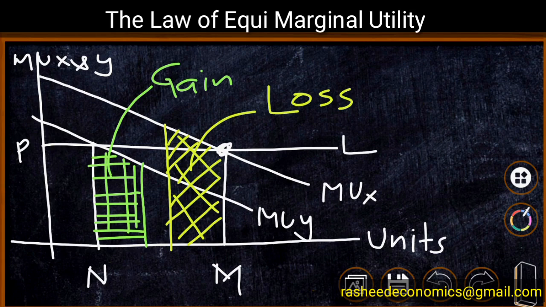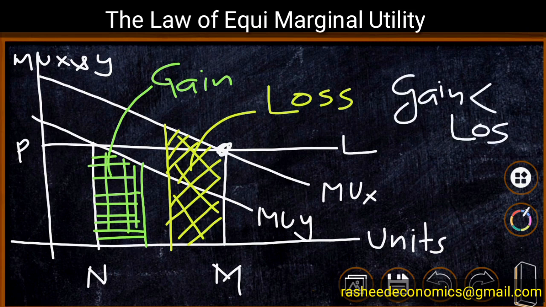Therefore, gain and loss are measured. Here it is clear that gain is less than loss. That is, the consumer is going to have more loss than gain if a change is being made in consumption. Therefore, the consumer is not ready to have such a change.